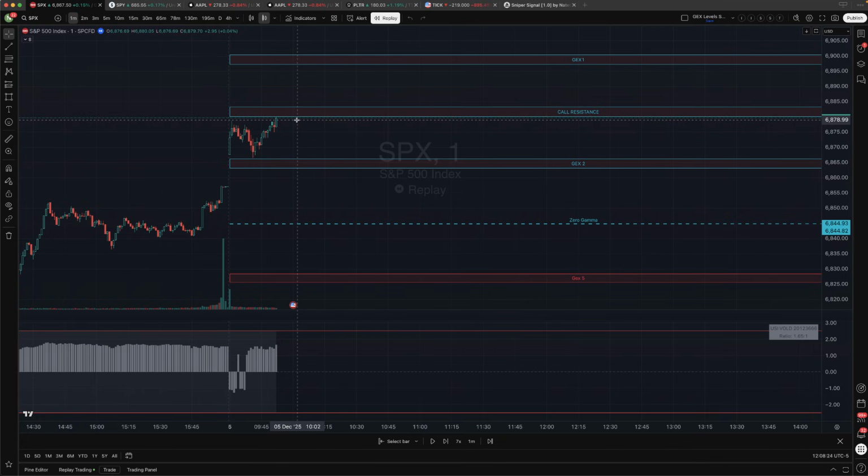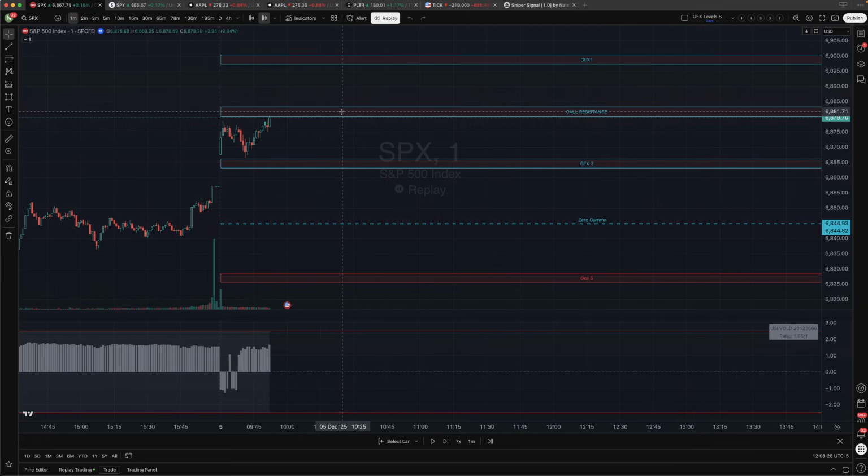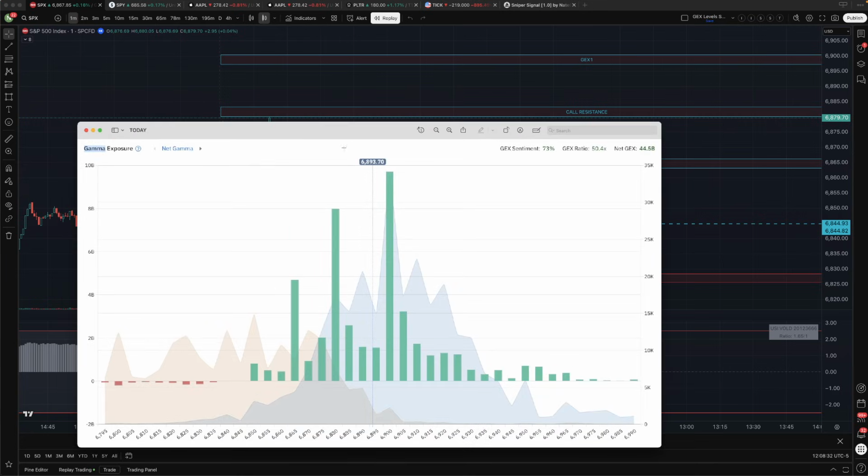So I was hesitant to take that 15-minute opening range break because we could reject off of this level. Now that level is this right here, right? And remember, prior to this picture being taken, this level was lower. This level was about here. So this level here was the highest gamma exposure level in a positive gamma environment.